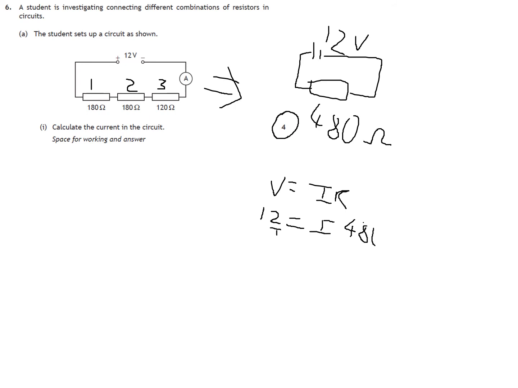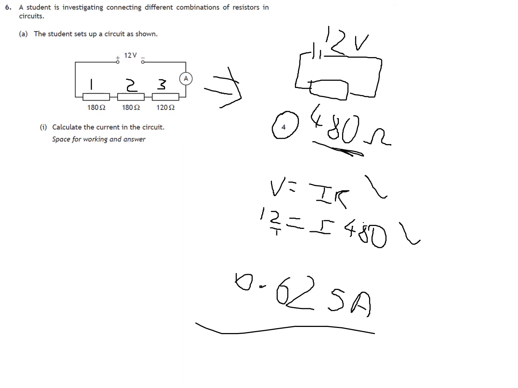In fact, I'd be sitting at 3 because I would have got a mark for calculating this, and then a mark for writing this down, and then a mark for writing this down, and then finally, if I do 12 divided by 480, I get the answer 0.025 amps. And I get a final mark for getting this bit here with the correct units.